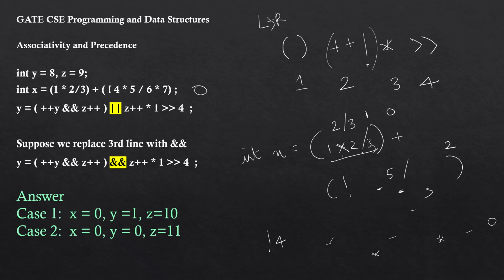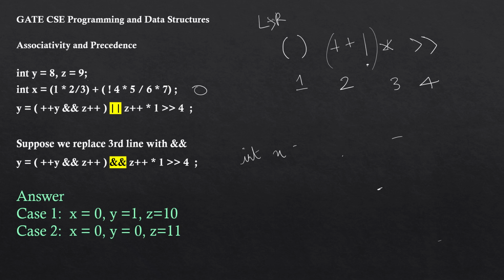So we'll be learning about one more new concept today, that is the short circuit evaluation. So once we have an expression, it could be a very huge expression. A greater than B plus C minus D times E. So many operands and operators.